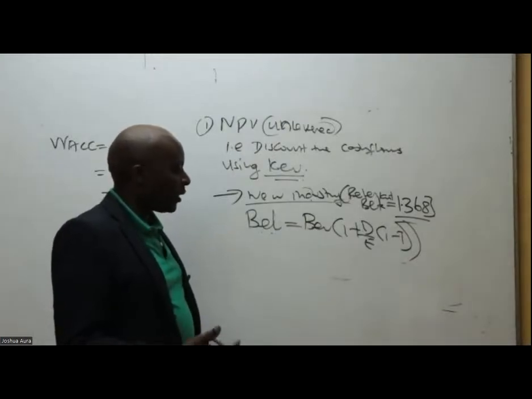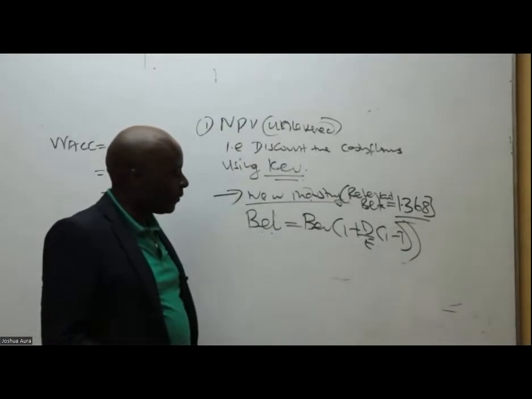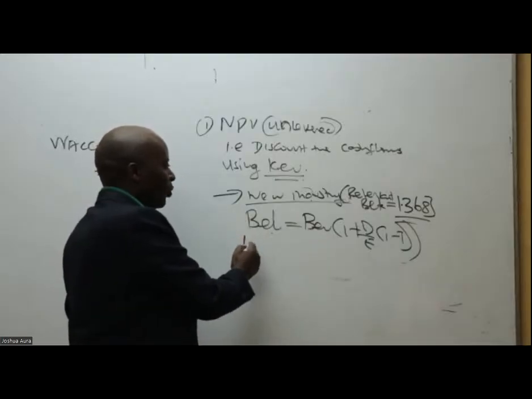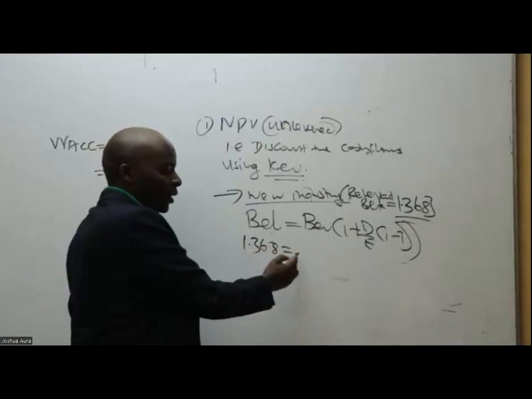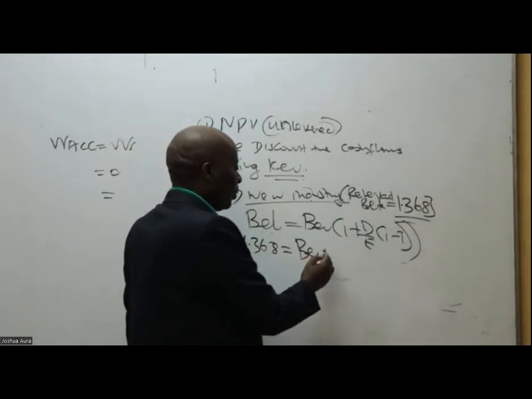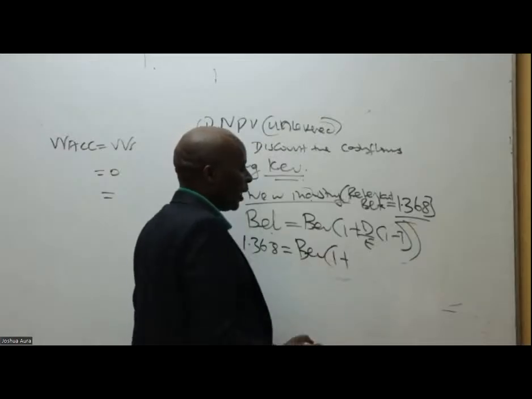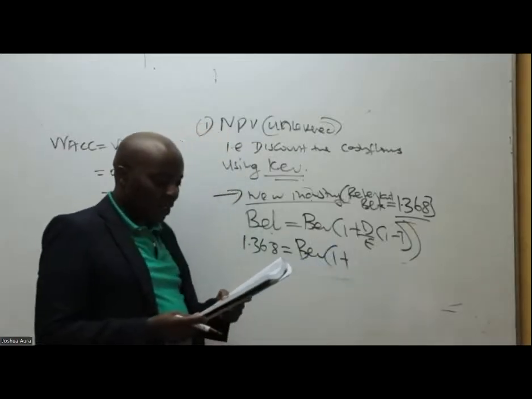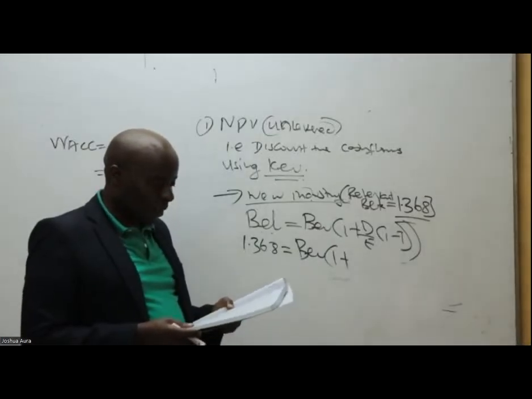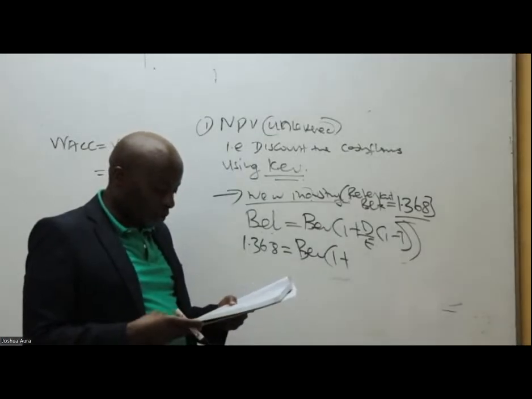So the beta equity levered, which is 1.368, equals the beta equity unlevered that we are looking for, into 1 plus. Are you able to see the debt to equity ratio of the new industry?